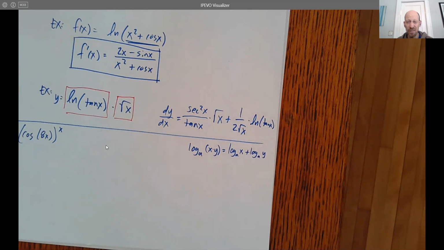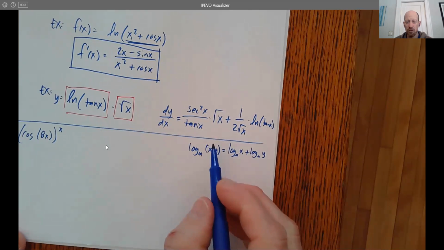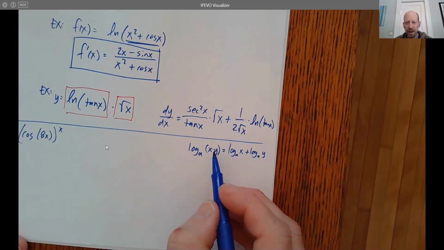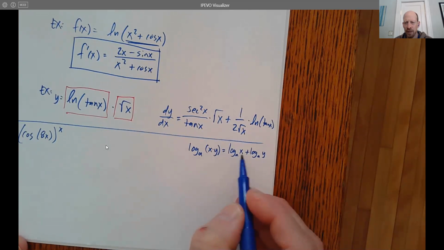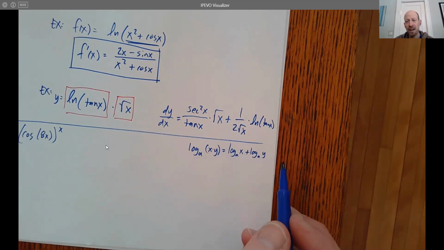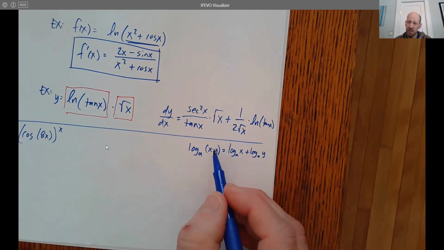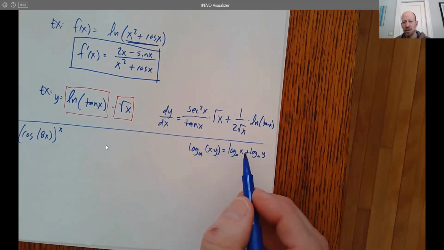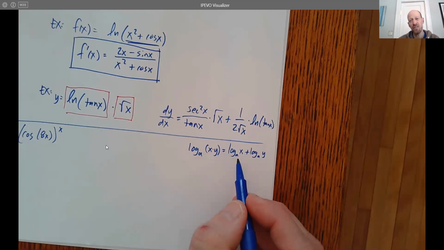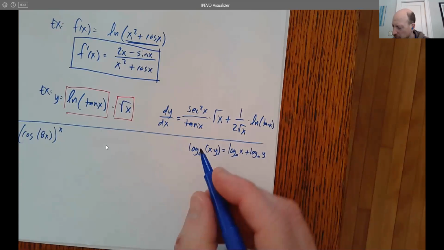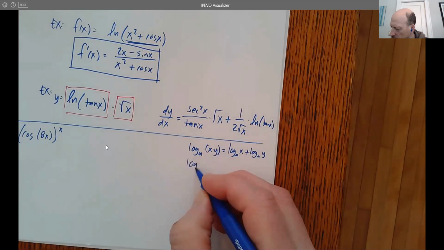This is nice actually, because remember when you're trying to take the derivative of a product, it's a little complicated, but a sum is much easier. So a logarithm actually takes a sort of slightly more complicated situation and turns it into a really easier situation for us. And it does that with products.